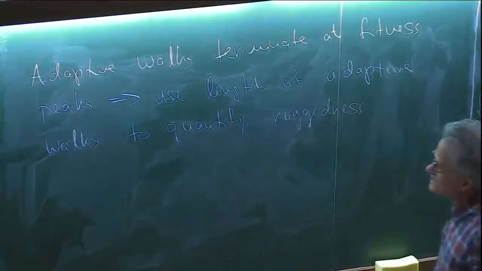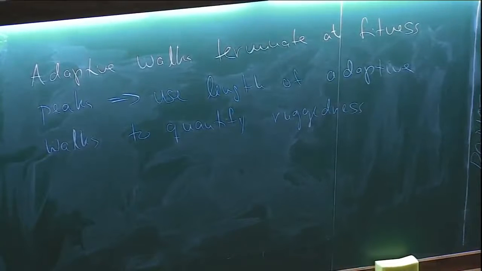So this, of course, with regard to the models that I have been introducing, poses a question: how long are adaptive walks in typical model landscapes? This is a topic that Kavita has done nice work on over the years.